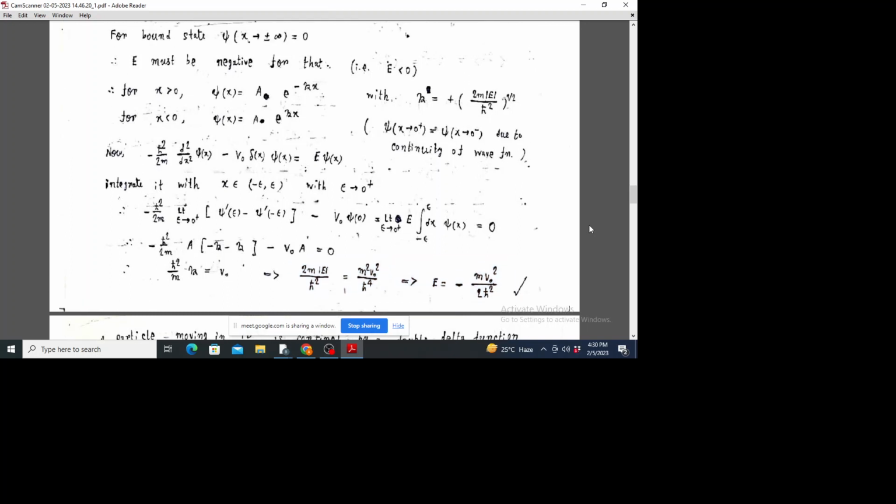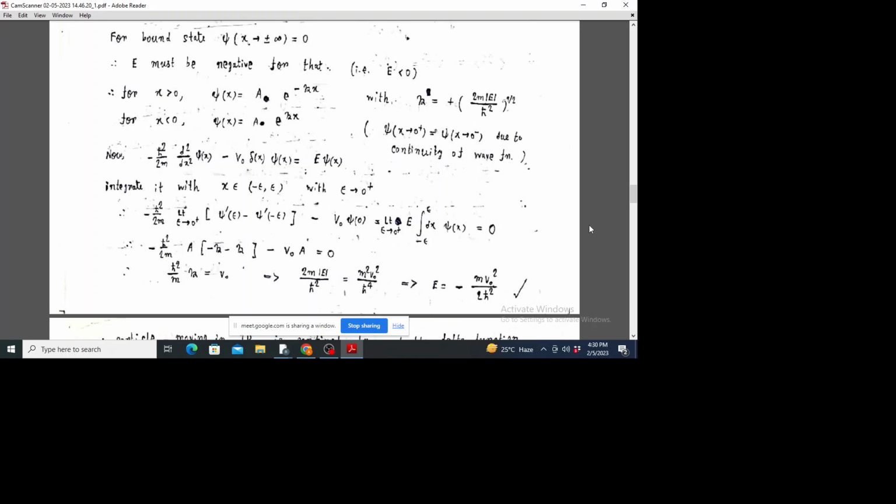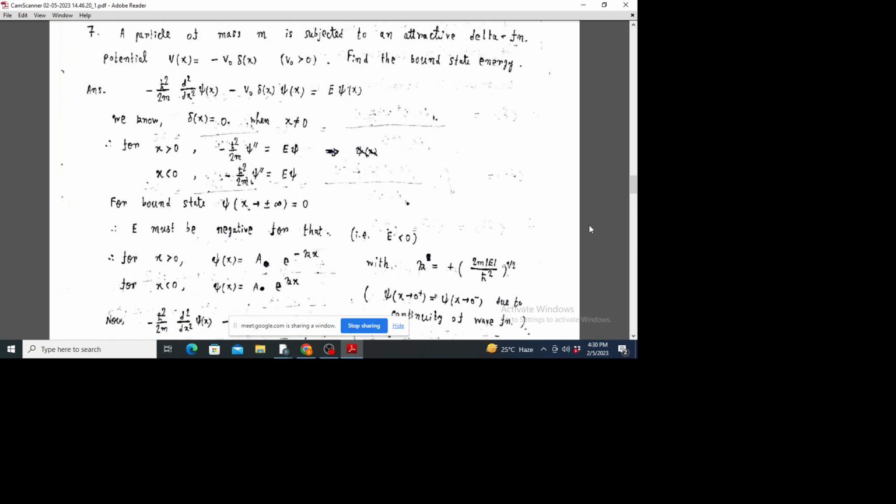So this is the bound state energy in the delta function potential, and there is only one bound state because we can get only one solution to the Schrodinger equation that satisfies the bound state conditions.